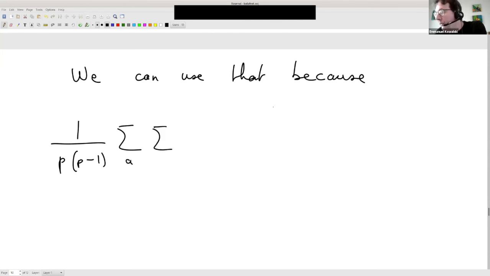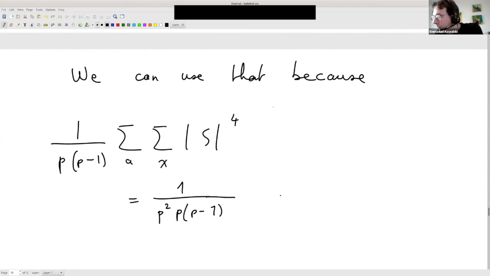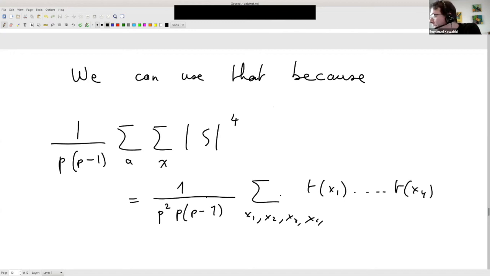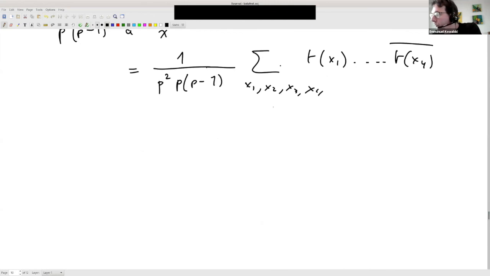So we average over a in F_p and chi multiplicative character our sums to the power 4. So the same sums I wrote before. You expand the fourth power. So you had the 1 over square root of p, which was a normalization. So you get p squared, p times p minus 1. Then the sum over x1, x2, x3, x4. The functions in the middle, T(x1), T(x2), T(x3), T(x4) conjugate. And then, of course, sum over a, sum over chi, chi of x1 x2 over x3 x4.